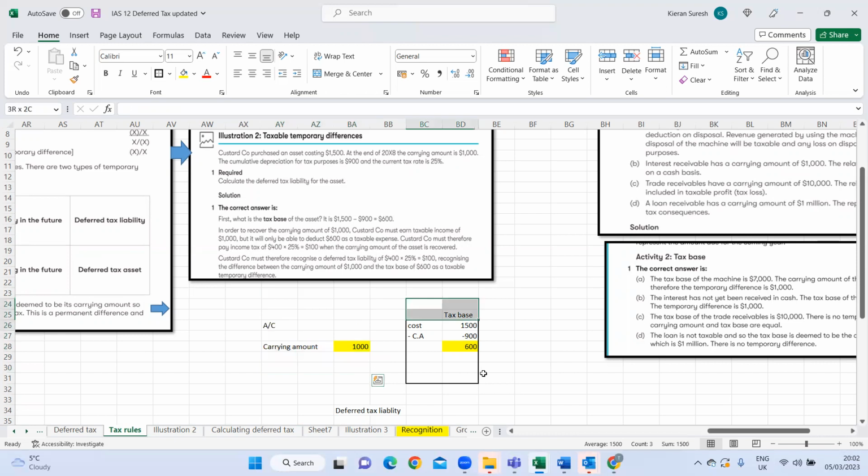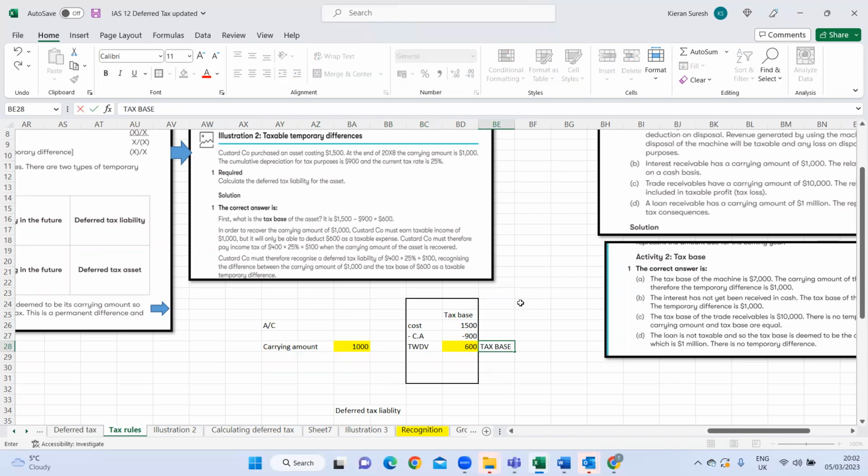But in the tax authorities' books, from the cost they would deduct the capital allowance, the tax depreciation, which was 900. This is the tax written down value, which is the tax base, 600.